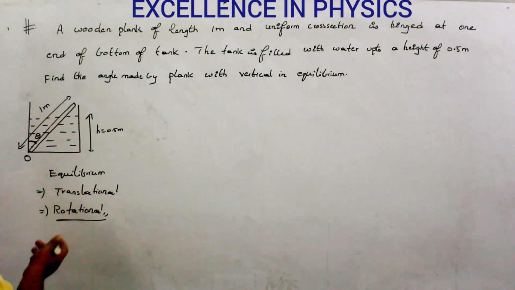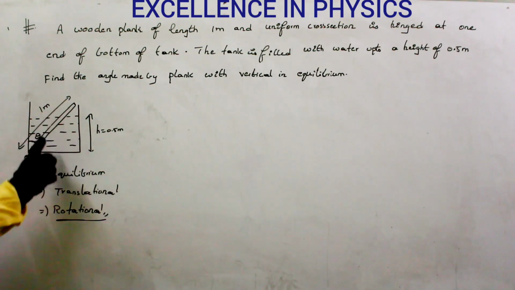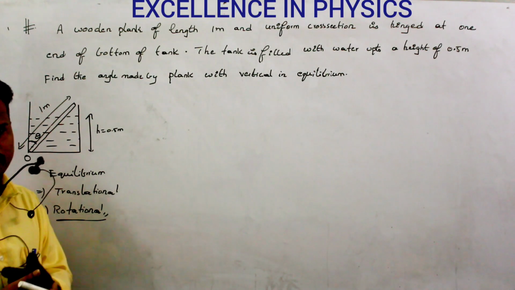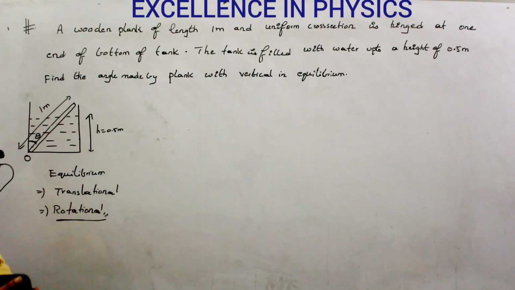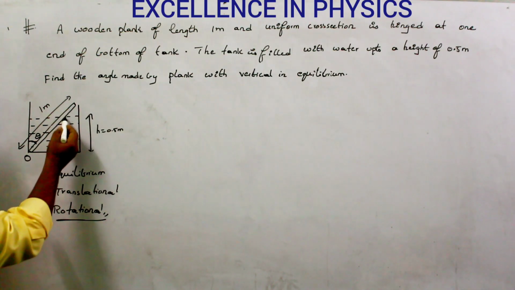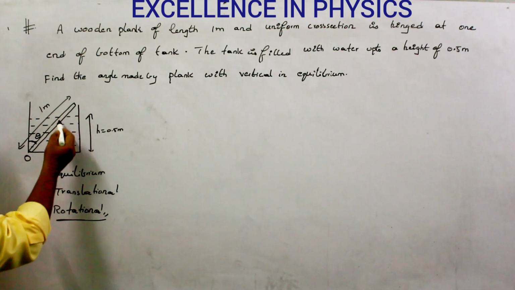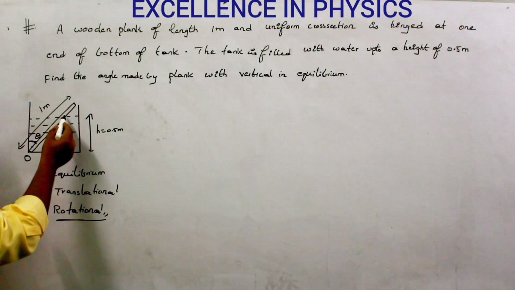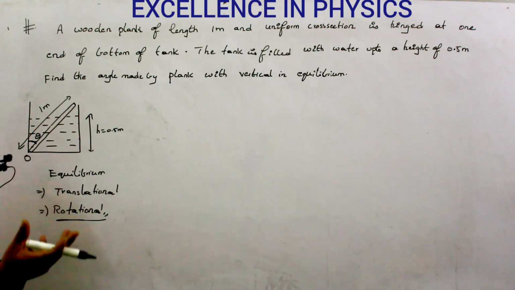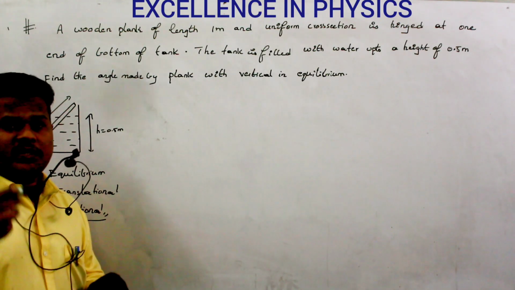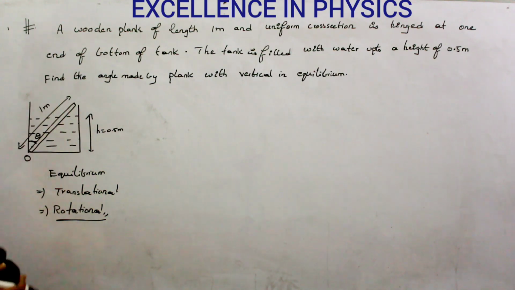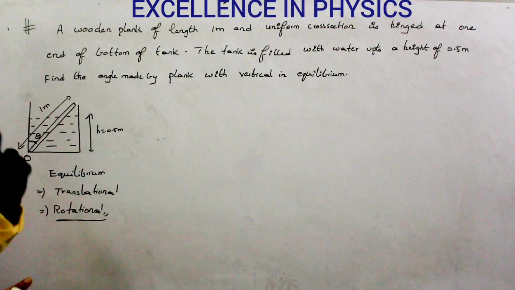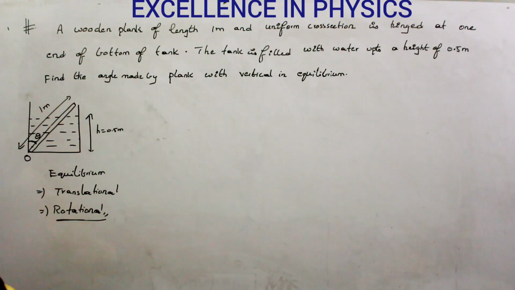One force will be the weight of this rod, which is acting towards the center of earth, and another force will be the force of buoyancy. Only some part of the rod is present inside water, so this much part of the rod would have displaced some liquid. The weight of the liquid displaced will give a force of buoyancy in the upward direction. So definitely only two forces are acting in this condition.